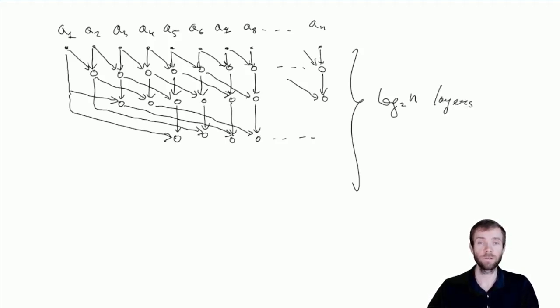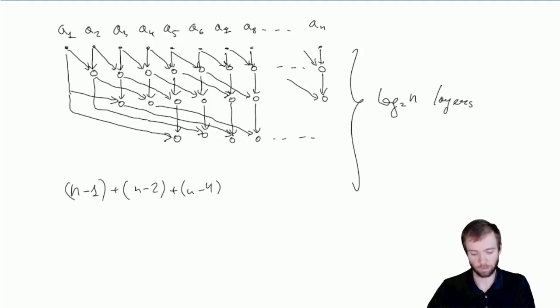How many nodes would we need in such a circuit? Well, on the first layer we have n-1 nodes. On the next layer we have n-2 nodes. On the next layer we have n-4 nodes, and so on.